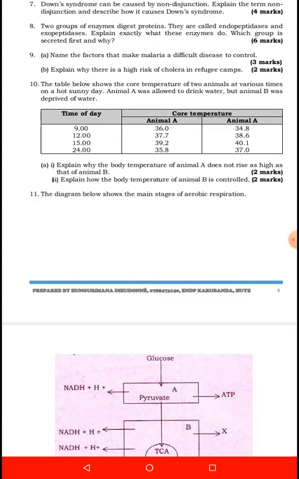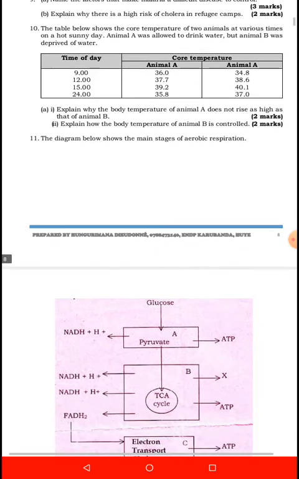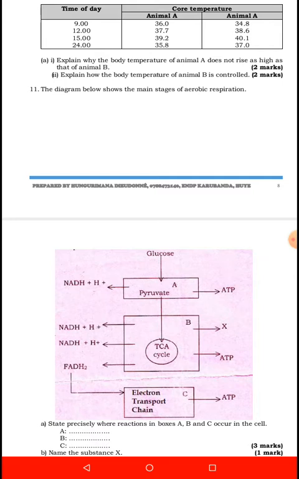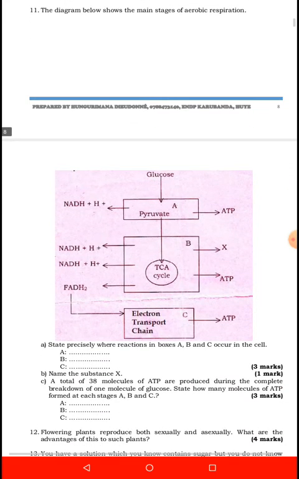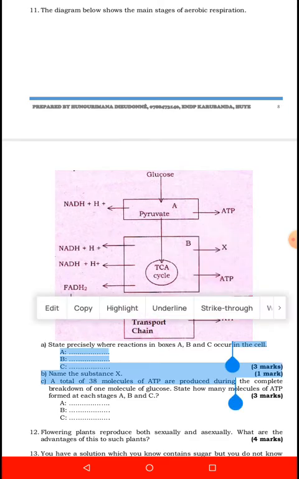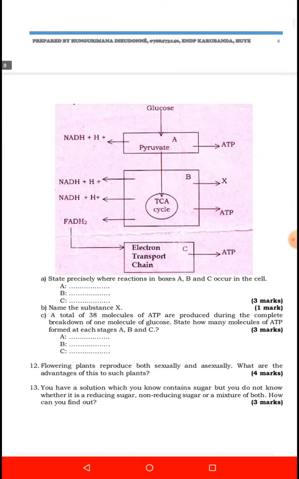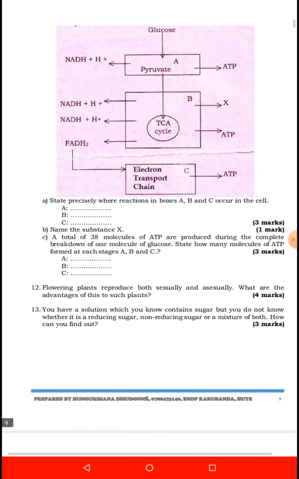The better thing we bring is that we give you each and everything about the questions and answers. The diagram below shows the main stages of aerobic respiration. You know that aerobic respiration has 3 parts: glycolysis, the Krebs cycle, and the electron transport chain. There is an appropriate question for this diagram, like these ones, and then you have these answers.